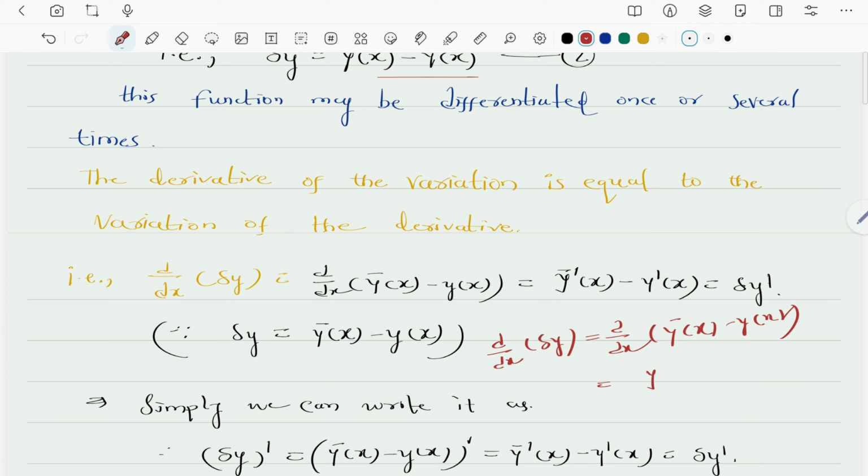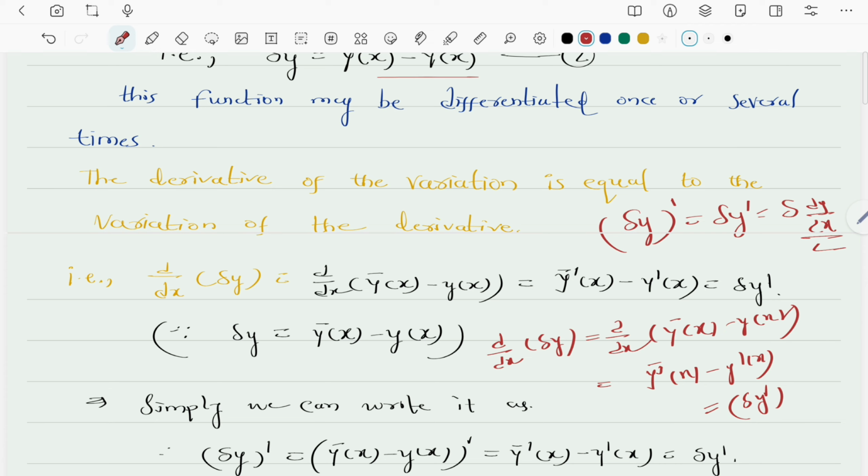Therefore that is equal to y bar dash of x minus y dash of x, that is delta y dash. The derivative of the variation, delta y whole dash, is equal to the variation of the derivative, delta into y dash, that is delta into dy by dx.